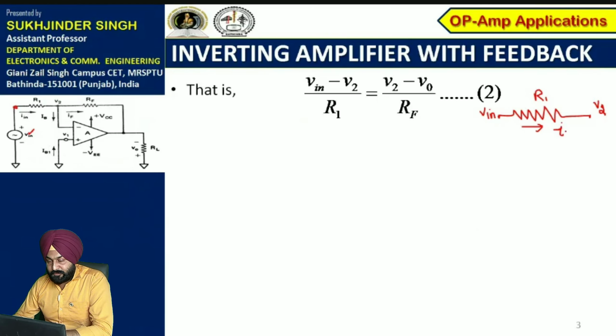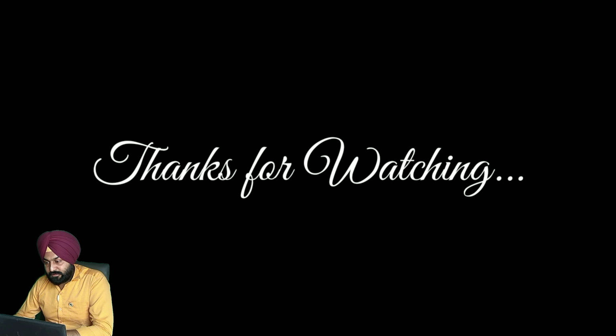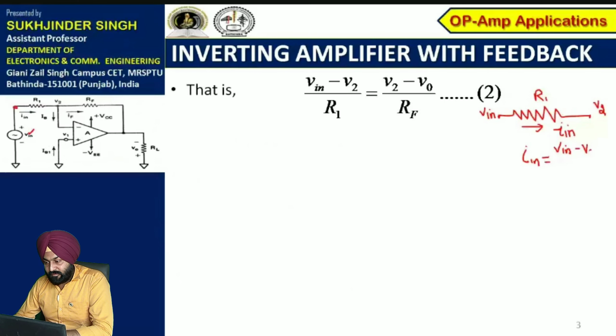How can we write the expression for IN in terms of Vin and V2? IN can be written as higher potential, that is Vin, minus lower potential, divided by resistance R1. So here we have replaced the expression of IN with (Vin minus V2) upon R1.